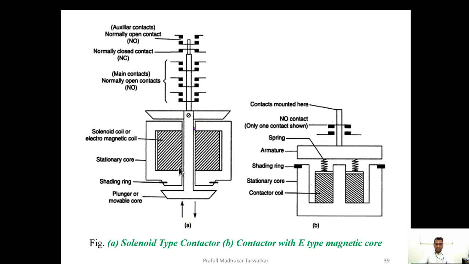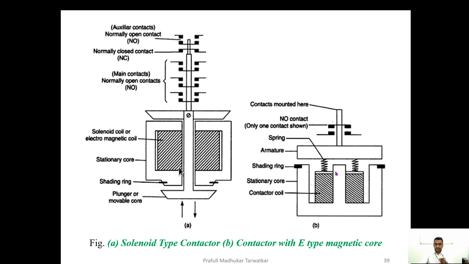Initially, those contacts are open. But when the coil is energized, the moving contacts touch the fixed contacts. So this gets closed.